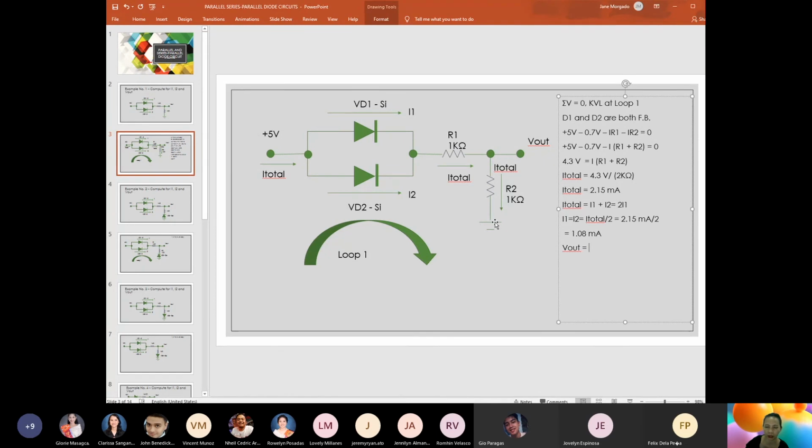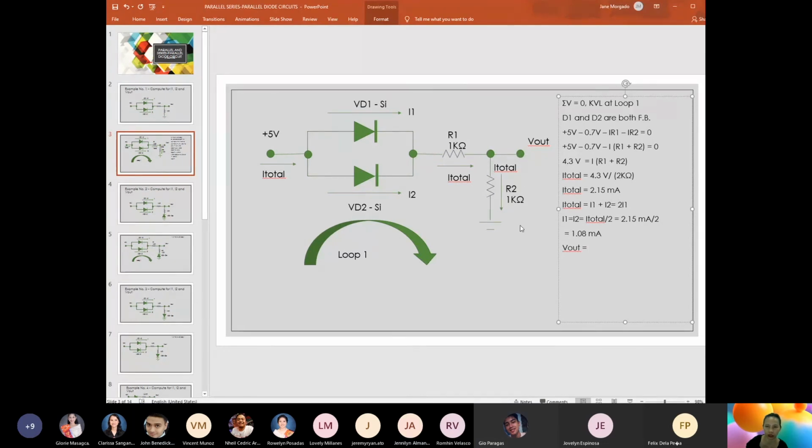So, basically, we are measuring the voltage across what device? Voltage across R2.